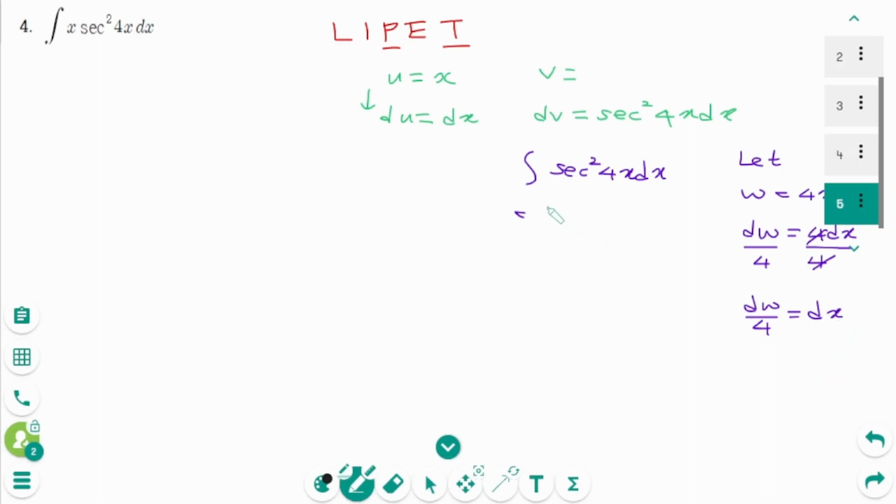Then back to the original, the integral of secant squared of 4x means w, dx means dw over 4.